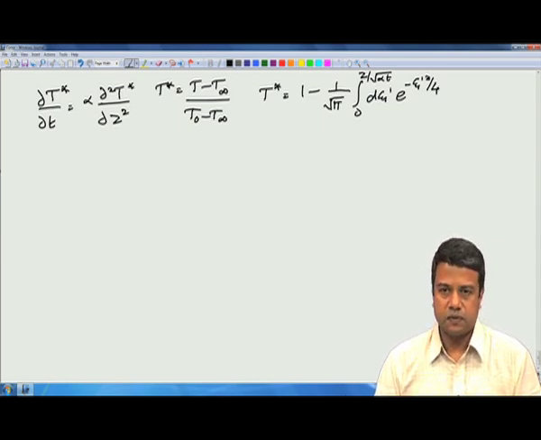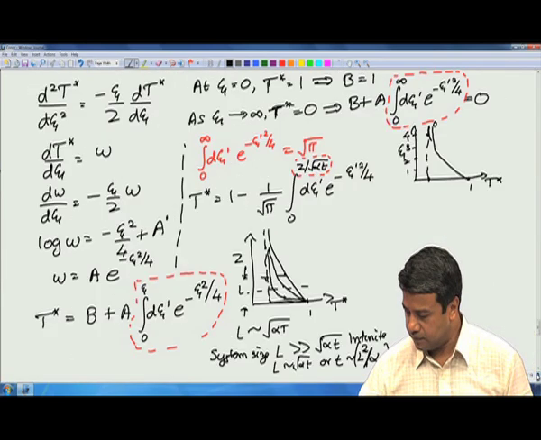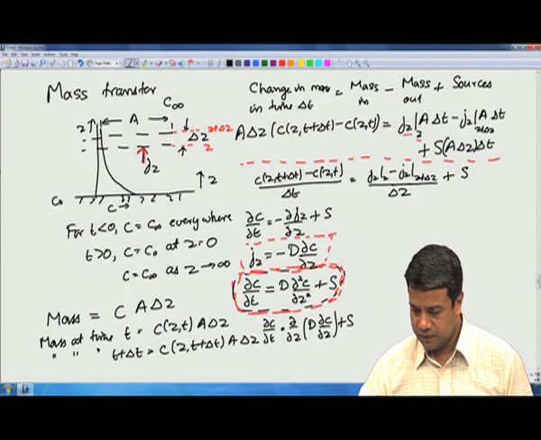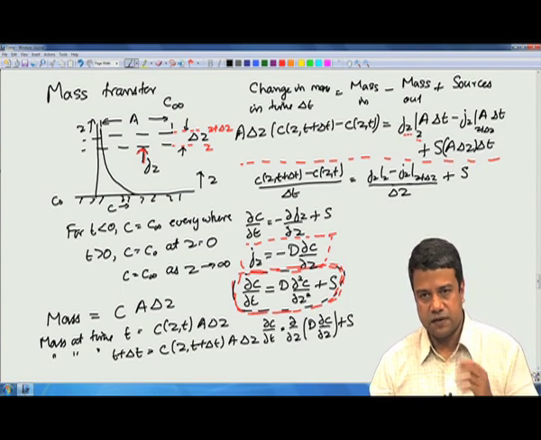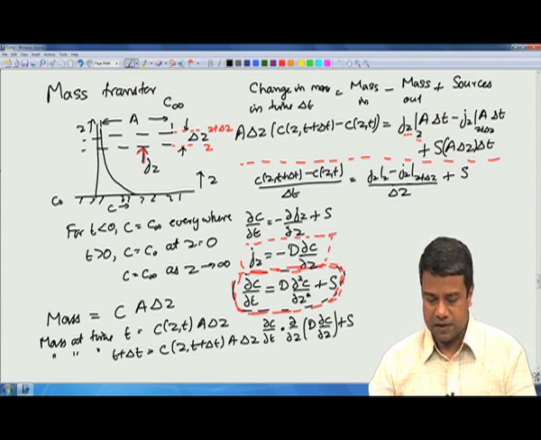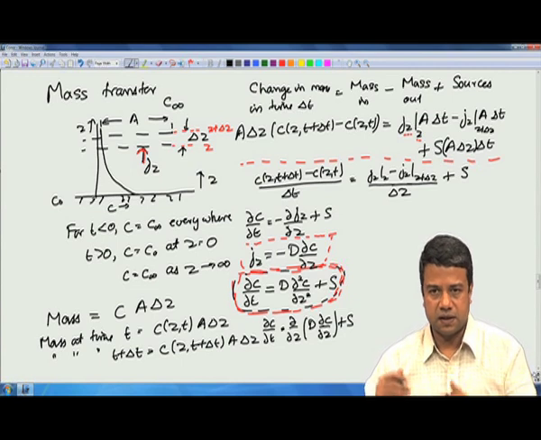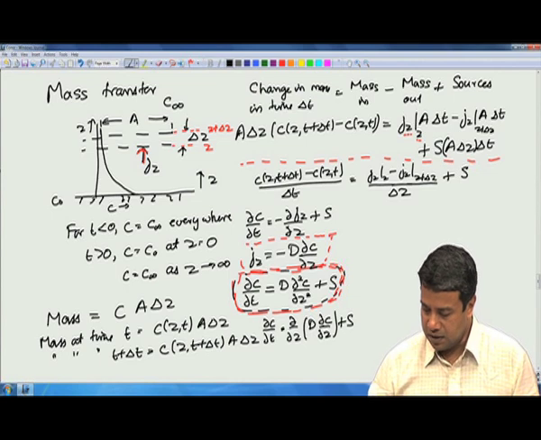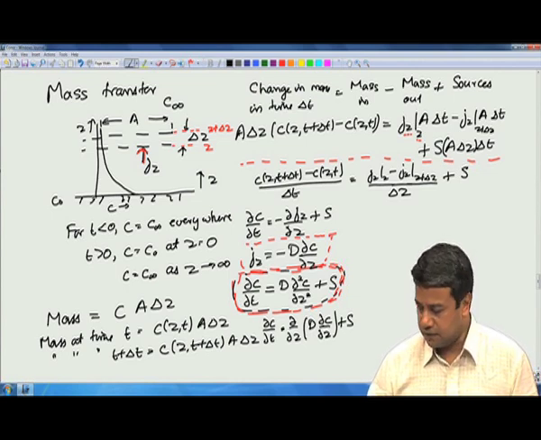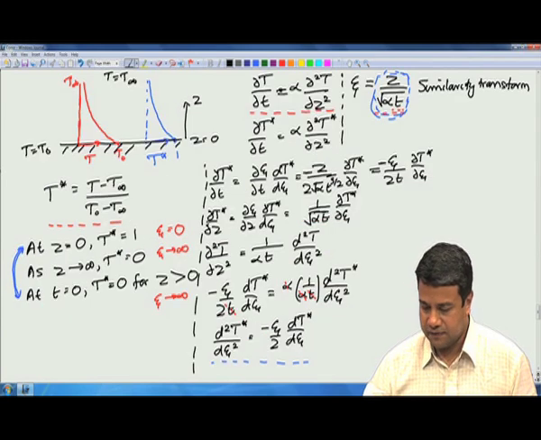I had also posed for you a problem of mass transfer. This was a problem of mass transfer. C is equal to C naught at the surface, C infinity far away. At time t equal to 0, you impose the concentration as a constant C infinity everywhere, and you impose a different concentration at the surface C naught. Therefore, diffusion takes place. The equation was exactly the same. Therefore, the solution that I get will also be exactly of the same form.